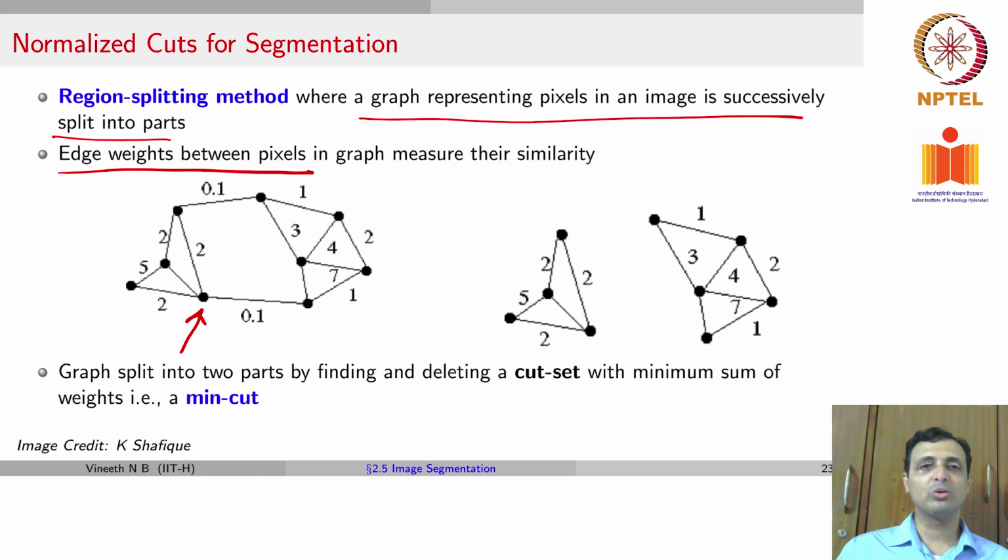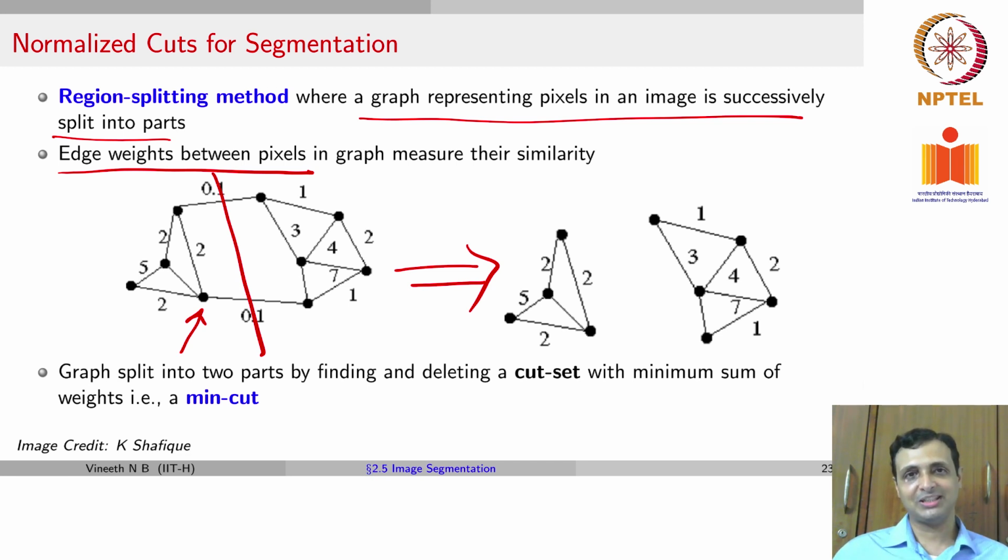We're not going to work out the entire math here. If you're interested, you can look at the references and learn more about it. But you try to find the min cut, which is going to give you two different regions as shown here. And when you remove those edges, you get the corresponding two segments, which is your original objective.